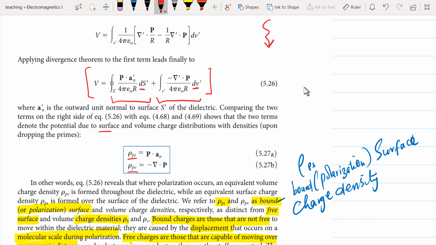So we are saying that an elemental volume that is not purely in free space, but is a dielectric, will have a potential at point O that has two factors. One is due to the volume charge density, which arises from the dielectric, and the other is a surface charge density.